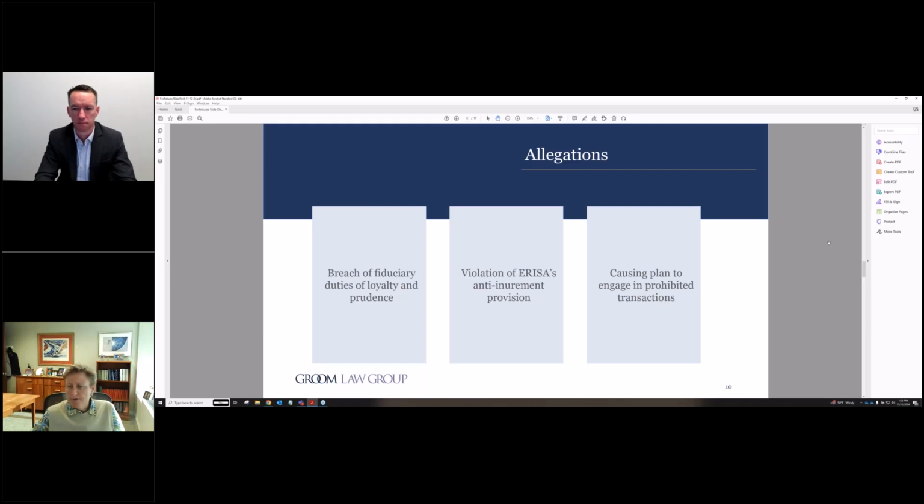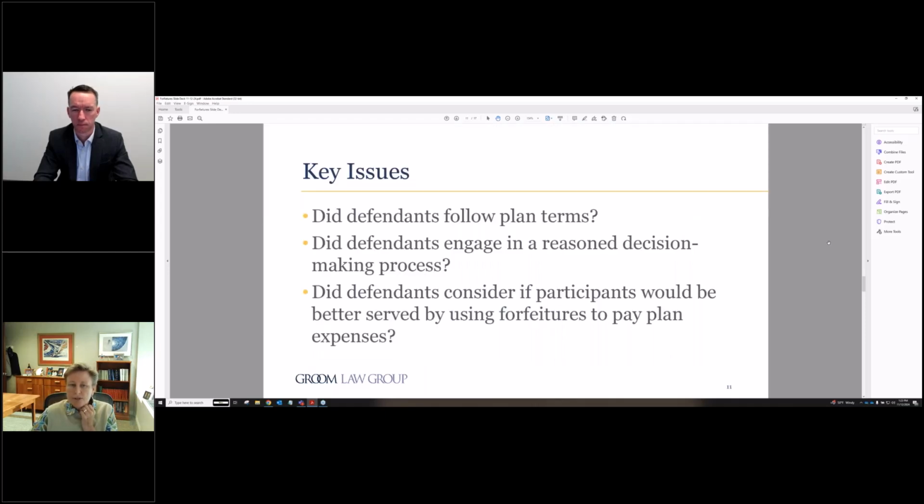And then, of course, there are a number of themes on the defense side about what it is that the defendants think happened. We can go on to the next slide, but those really are around, look, there's no sort of 404 duty to always put your thumb on the scale for participants.